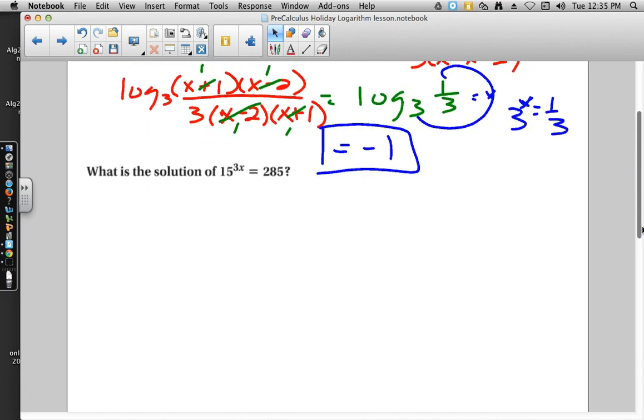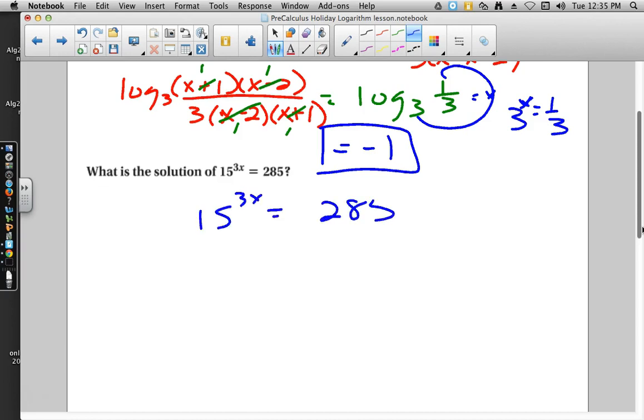All right, this one says, what is the solution of 15 to the 3x equals 285? And our mystery letter here for our hidden message is A, as in apple. So 15 to the 3x equals 285 poses a problem. The problem is that our x value is actually part of the exponent.